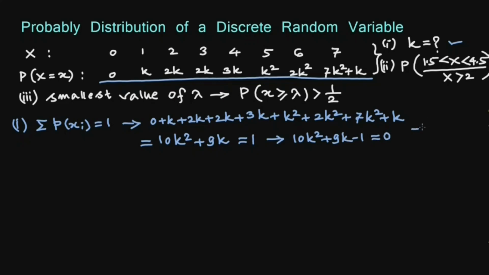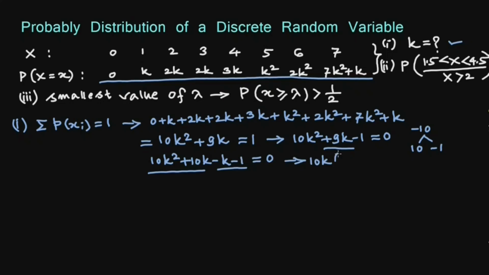Two factors of minus 10 will be 10 and minus 1. So by splitting this middle term, we write 10k square plus 10k minus k minus 1 equals 0. That will be 10k into k plus 1 minus 1 into k plus 1 equals 0. The factors will be 10k minus 1 into k plus 1 equals 0.